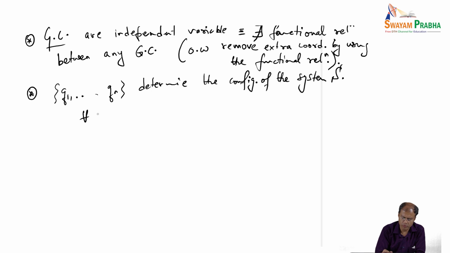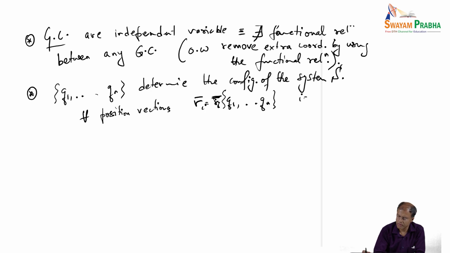That is, for all position vectors ri, we could have that ri can be written as ri of q1, q2, ..., qn, right? So i is from 1 to n.